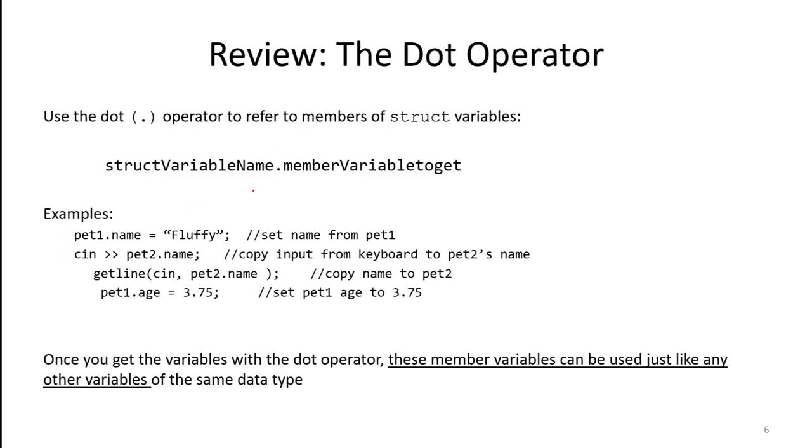In order to access data within a struct, you'll remember that we need to use the dot operator. And you might remember the dot operator from when we covered files in Lecture 6. You'll remember we used things like infile.open, and that little dot there is our dot operator.